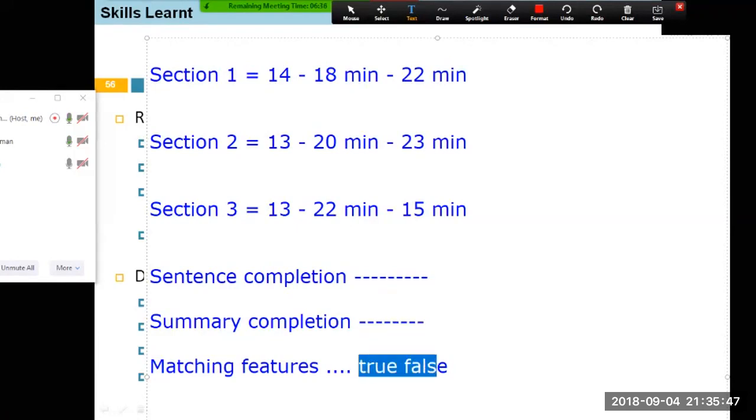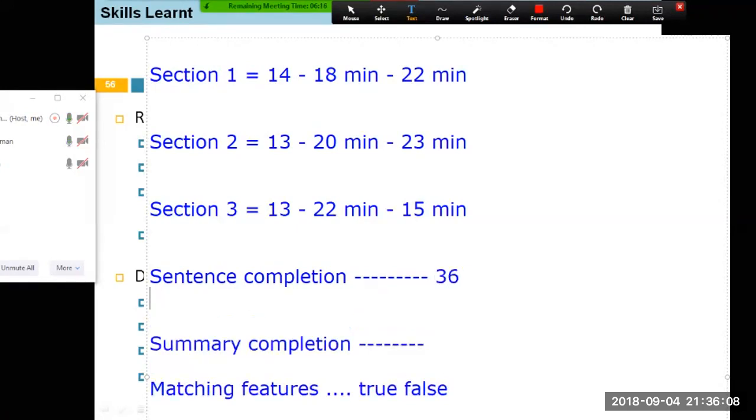But in the case of true false questions, even if you are left with 1 minute and there are 5 true false questions, this is the kind of question in which you can just write true for all of them, say questions 36, 37, 38, 39 and 40, without reading the passage, because you are only left with 30 seconds or 1 minute because of your poor time management in the beginning.